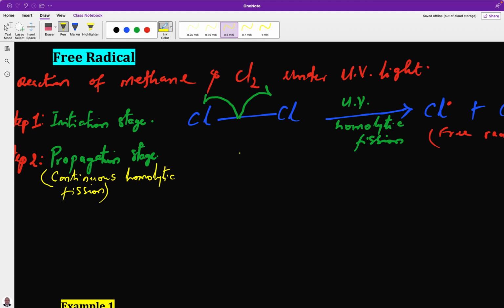One, the free radical reacts with the alkane. Two, when the free radical reacts with the alkane, as each free radical is used up, another one is regenerated.